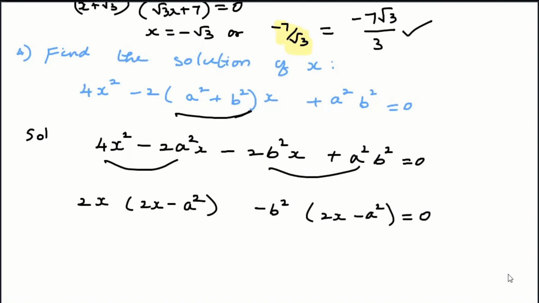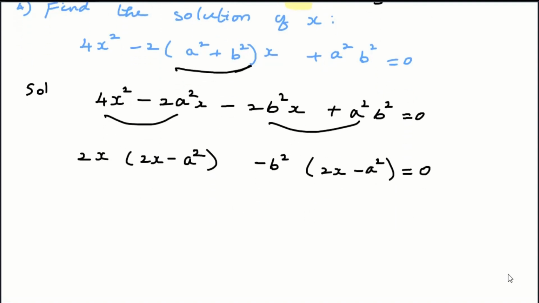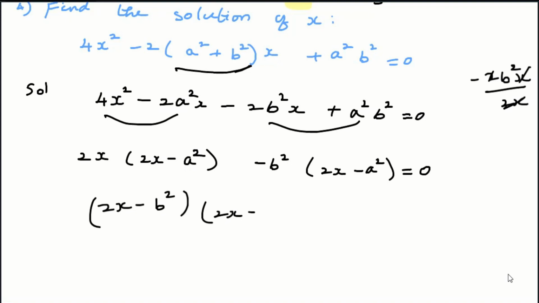So now, this is the third term, minus 2b square x. What is the first term here? 2x. So if I cancel, negative b square is coming. So pull that out. Okay, so now 2x minus b square into 2x minus a square equal to 0, because I have taken 2x minus a square out.